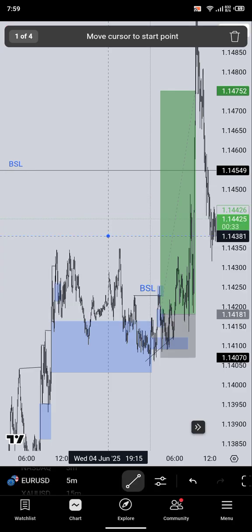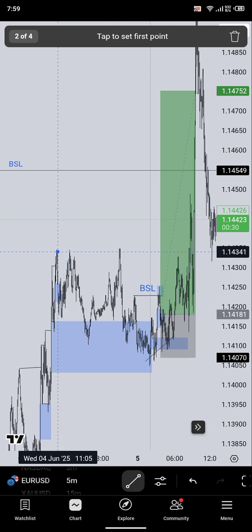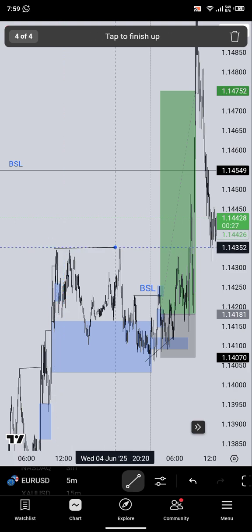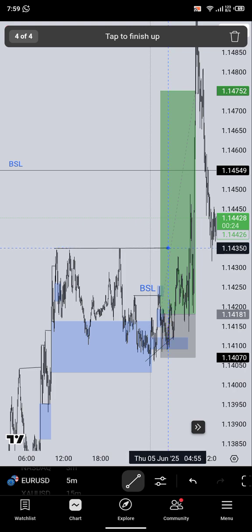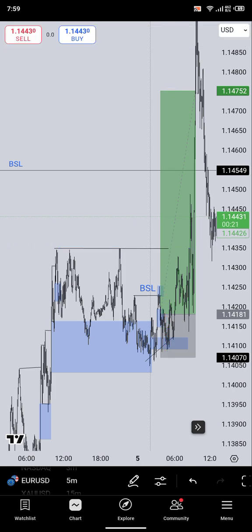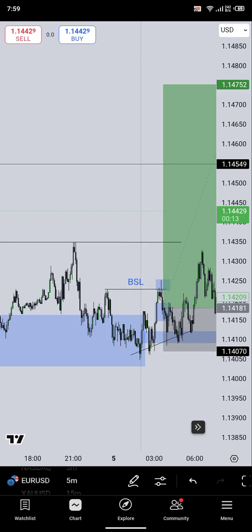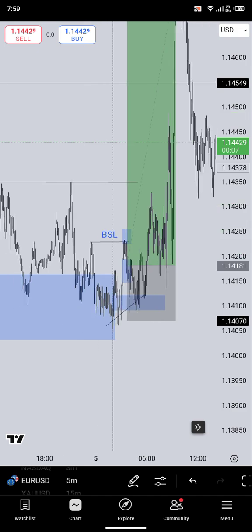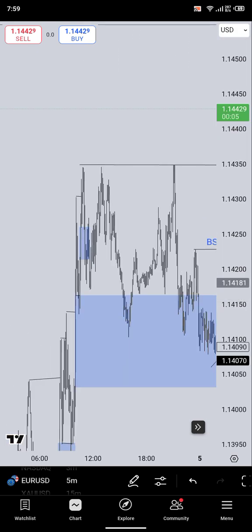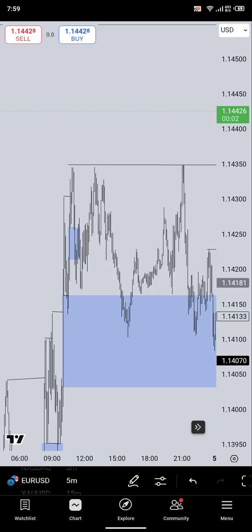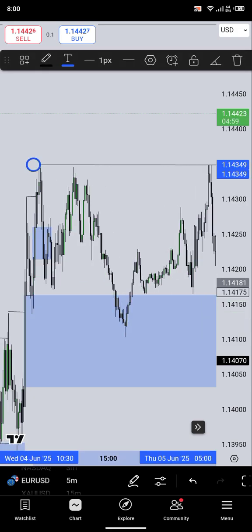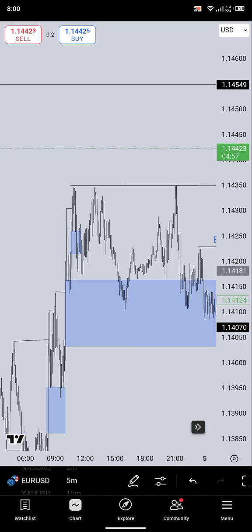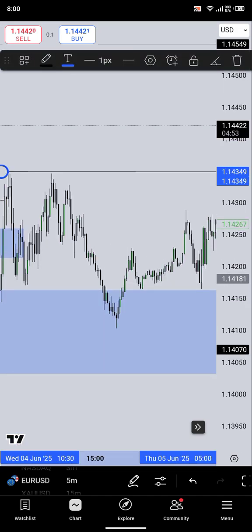We have somewhat of relative equal lows here. And price moves from internal range liquidity to external range liquidity, or external range liquidity to internal range liquidity. So all this price action happened inside of our previous day fair value gap, and then we have a draw, this internal range, these relative equal lows here, these relative equal highs here.